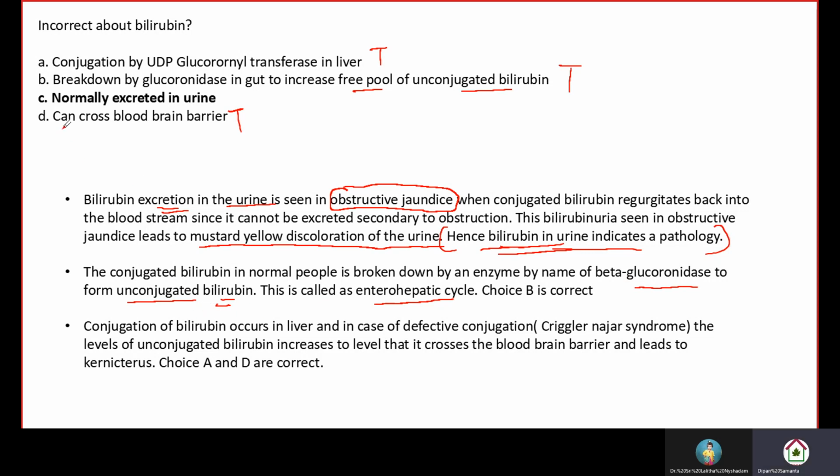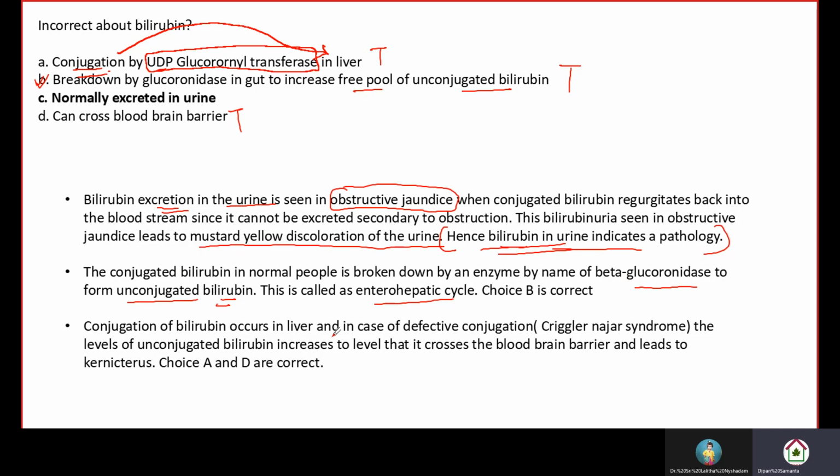This is called the enterohepatic cycle. So option B is true. Now conjugation of bilirubin occurs in liver, by UDP glucuronyl transferase. This is an enzyme, and conjugation of bilirubin occurs in liver. This is also true, as we have marked.